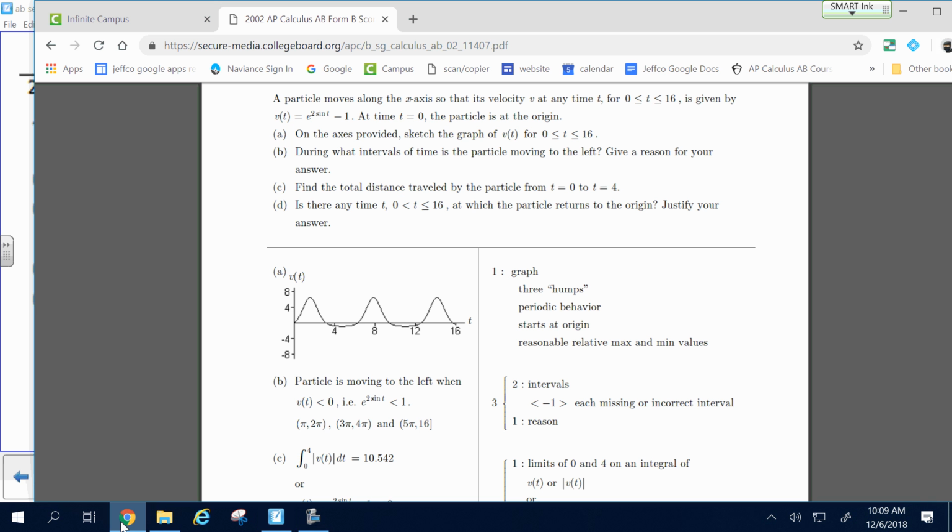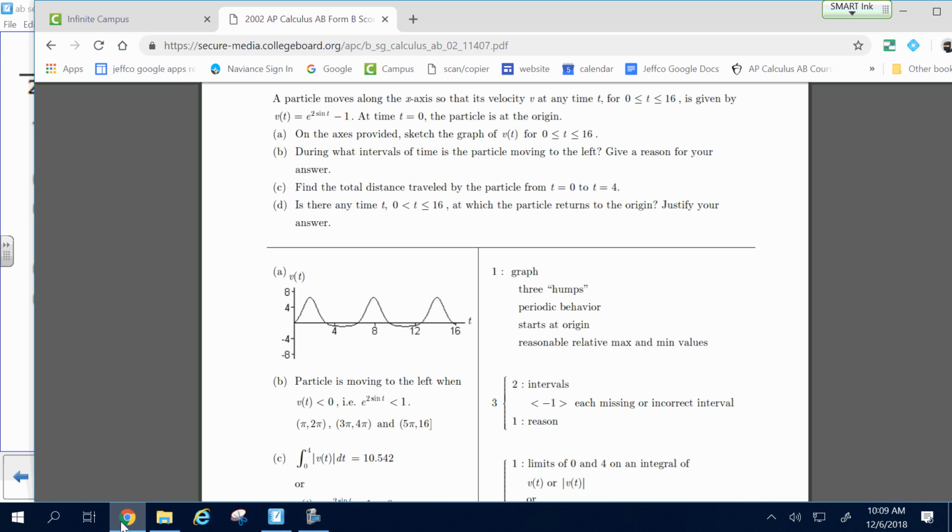Now, they said calculator, so I wouldn't be surprised if you have decimals. But do you have something like pi to 2 pi, or 3.141 to 6.282? Yeah? Then 3 pi to 4 pi, so something like 9.42 to 12.56.